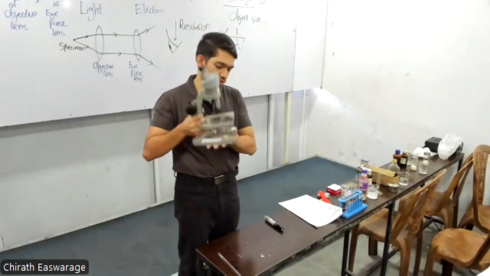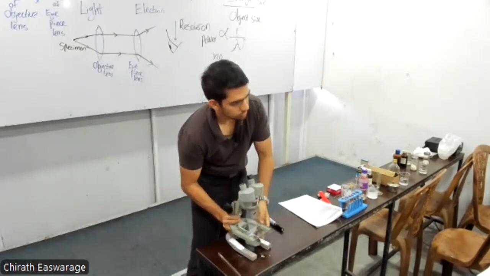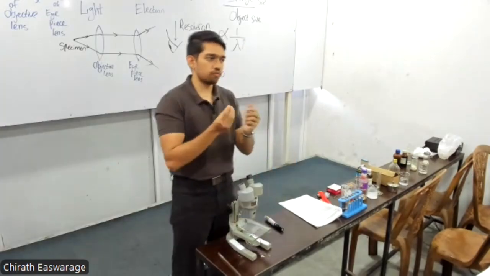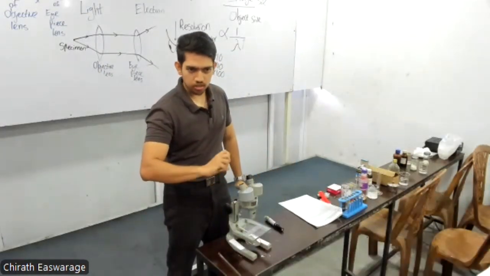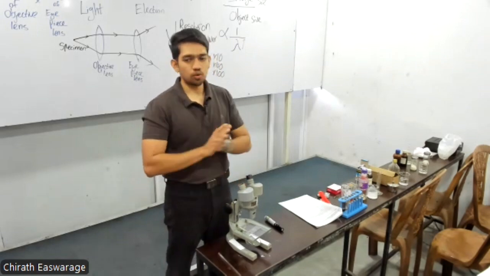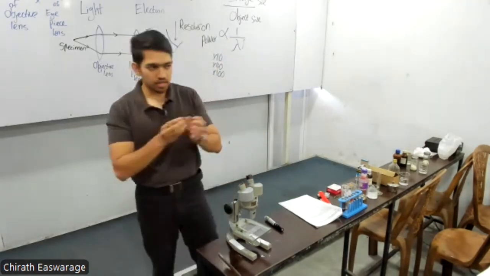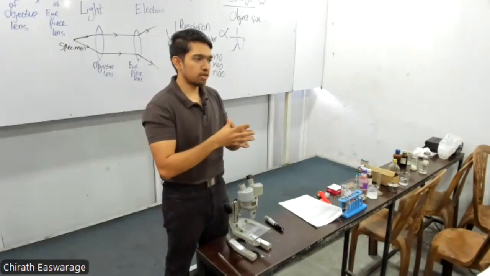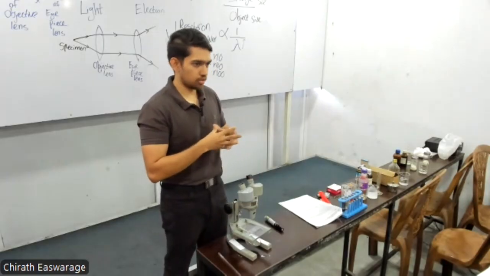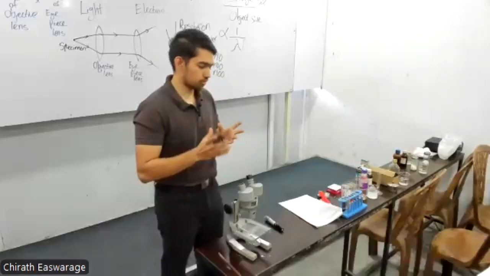Because we are having an electric light, we need a way of controlling that light. We can increase and decrease the light, so there's a switch. Also we can increase the size of the light beam that is coming through. For that, we have a diaphragm. Those are some additional things.